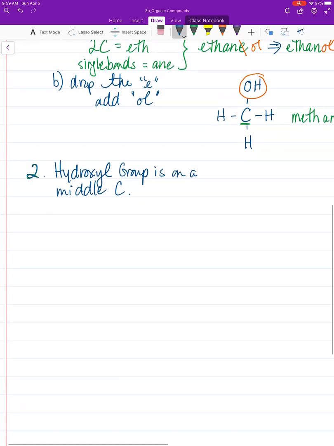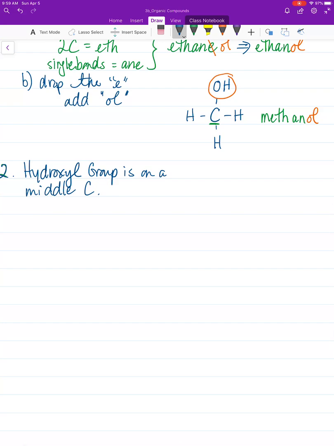Okay, so let's take an example. So let's do 3 carbons, all with single bonds between them. And then on the middle carbon, we're going to put the hydroxyl. So remember, the carbon's bonding to the oxygen, and then the hydrogen is bonding to the oxygen as well. Let's fill in our hydrogens.